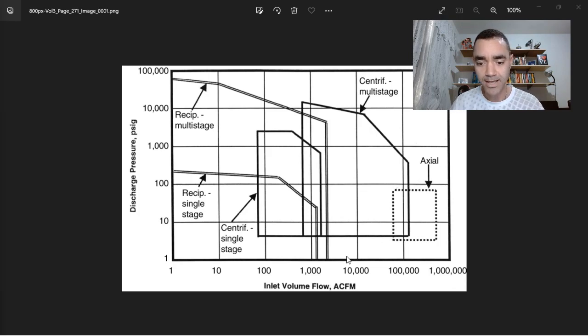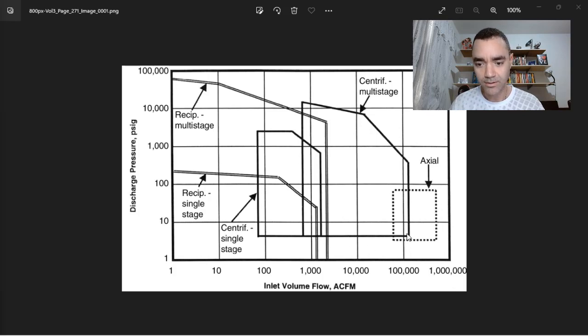So here, as we increase the flow, you can see that the chart indicates the use of the actual compressor, for instance. And based on this delimitation placed here in the chart, we can have an indication of best flow and the usual discharge pressure also. So we have here an indication of the use of the actual compressor.